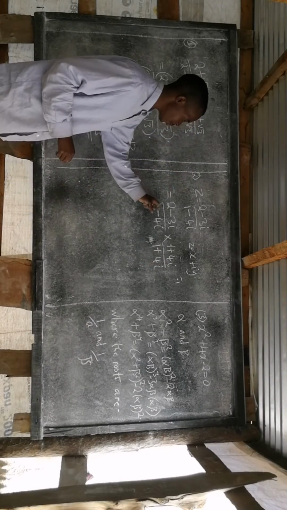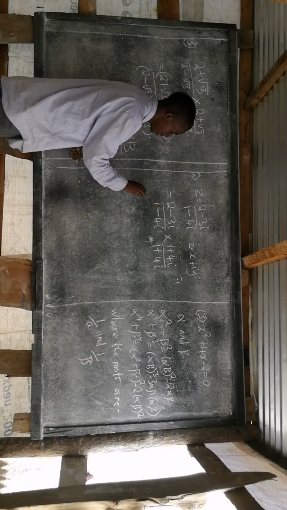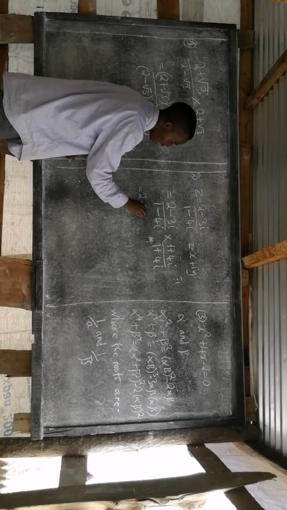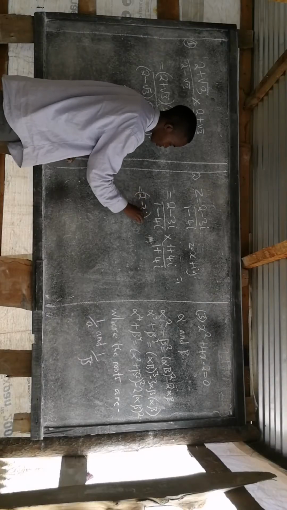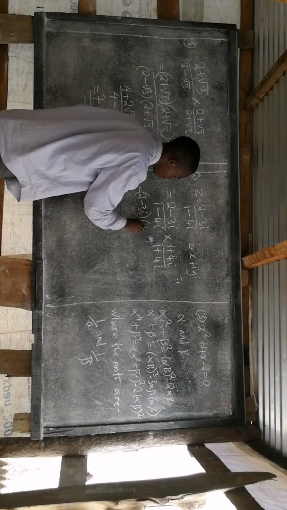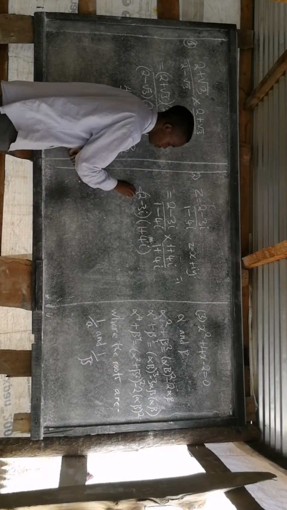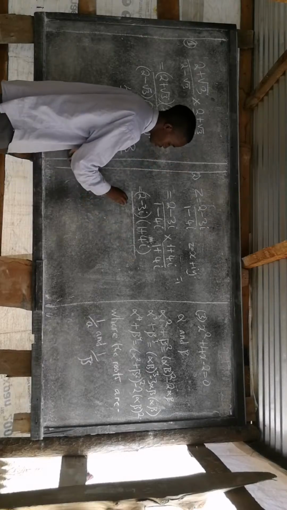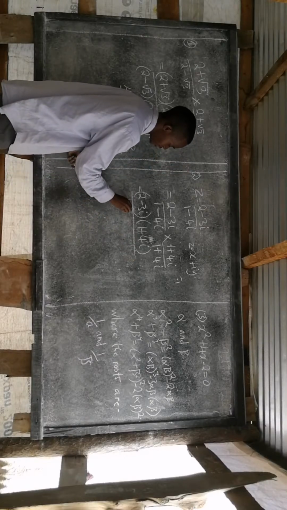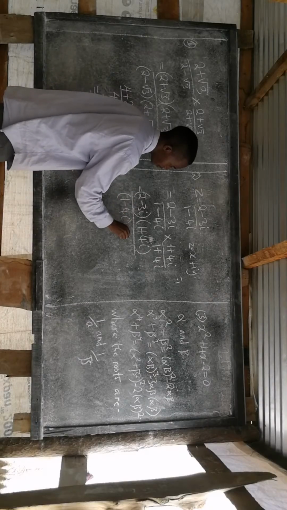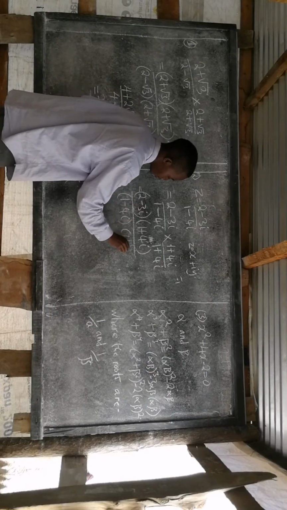Then you cross multiply this, so it will give you 2 minus 3i times 1 plus 4i. Then what will be the answer? So even here, it is 1 minus 4i, then also 1 plus 4i.